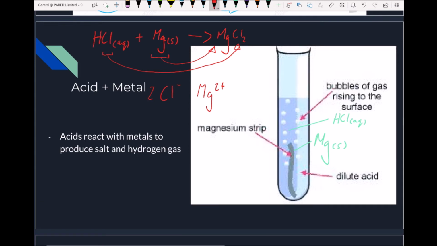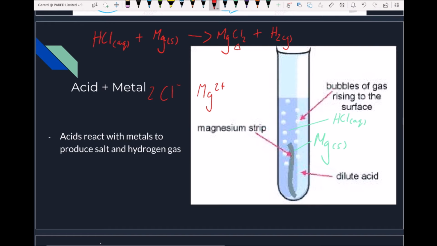So we've got MgCl2 plus hydrogen gas. That's going to be H2 gas because it's diatomic. It exists in pairs naturally. So we've got our HCl plus magnesium becomes MgCl2 plus H2.